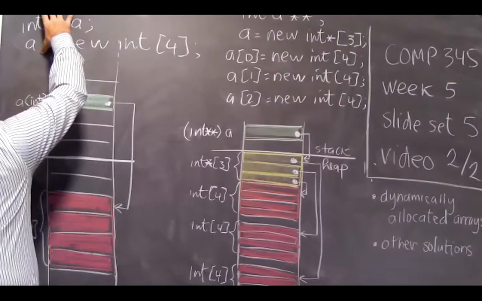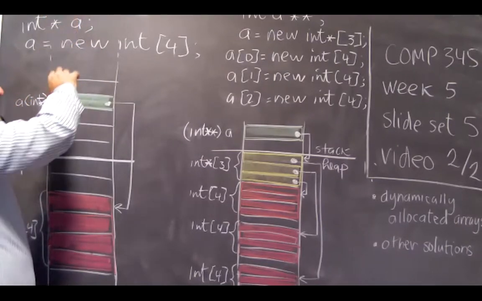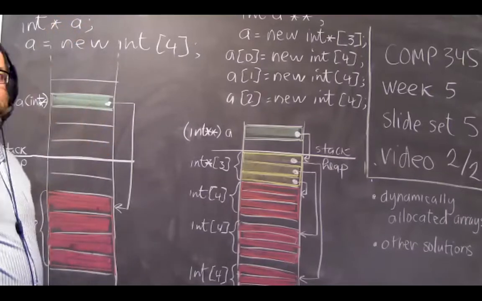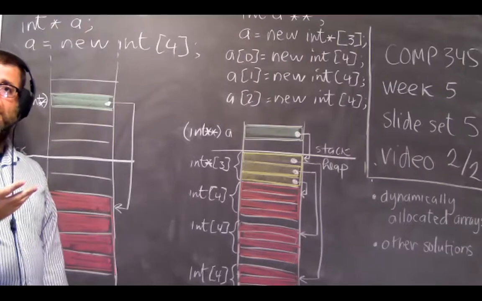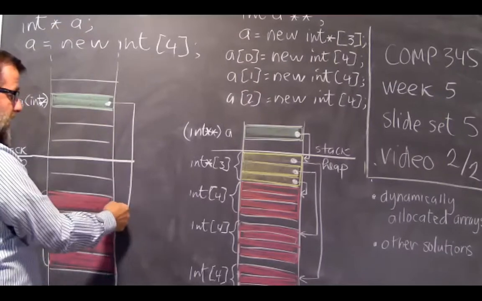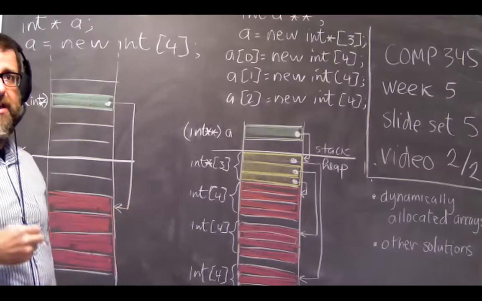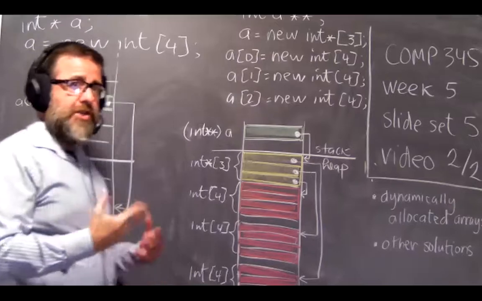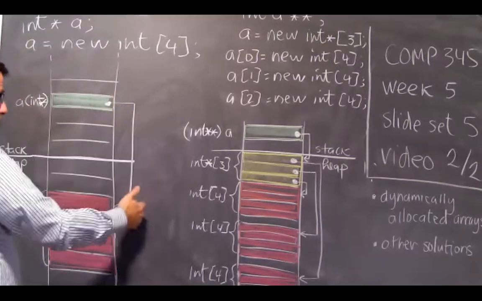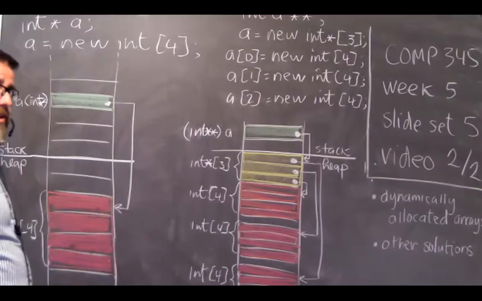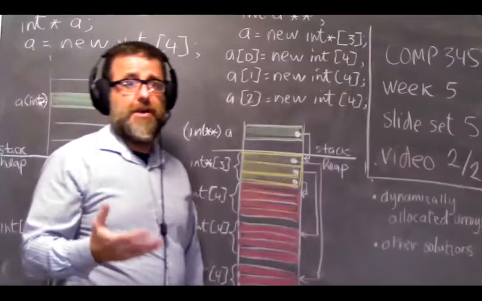If this function that contains this code actually returned this pointer to the calling function, then the calling function still has a pointer to this, so this is not a memory leak at this point. But once you lose the last pointer that you have to something that you have allocated, that becomes a memory leak.